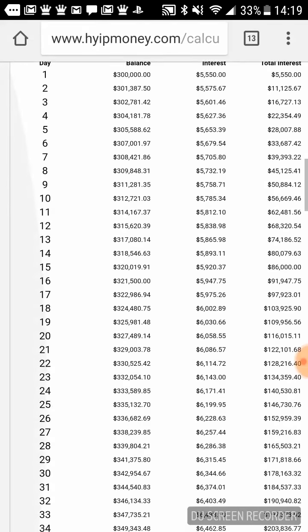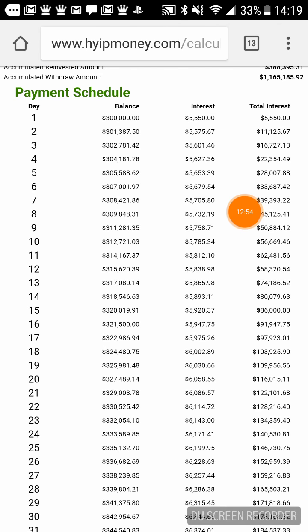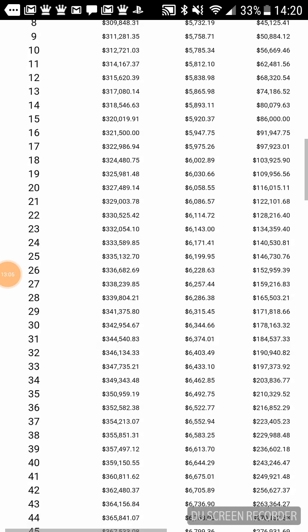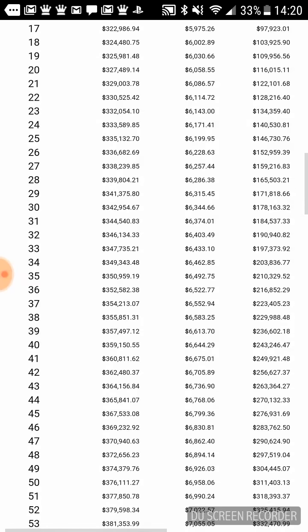And as you can see here, with a large opening balance, your interest is going to increase a lot every day. So it looks like it's going up by about $25 a day here, doing the 75-25 plan.